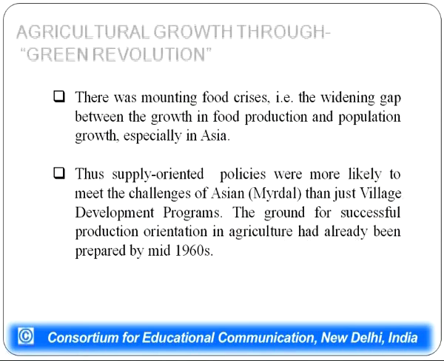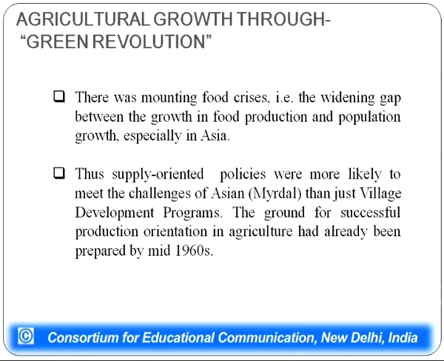And that is why the agricultural growth strategy was adopted through the Green Revolution. We were successful in achieving the Green Revolution, particularly in states like Punjab, Haryana, Western Uttar Pradesh. There was a mounting food crisis, the widening gap between the growth of food production and population growth, especially in Asia.